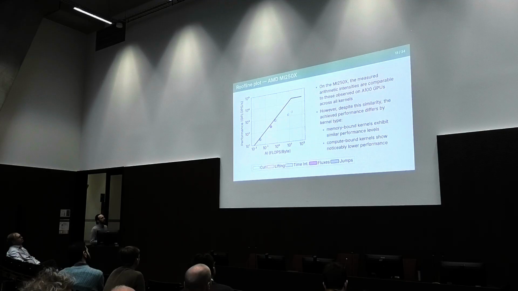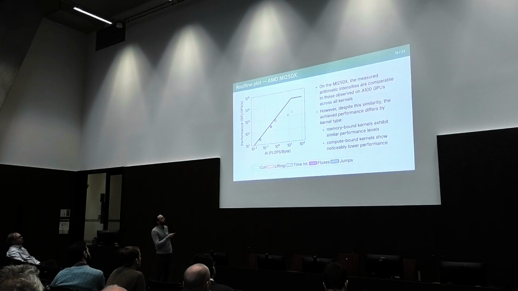Now, if we look at LUMI, there we have a problem. We are kind of fine for memory bound kernels, with almost the same value, but we can see that we don't achieve good performance on the curl and lifting kernels.